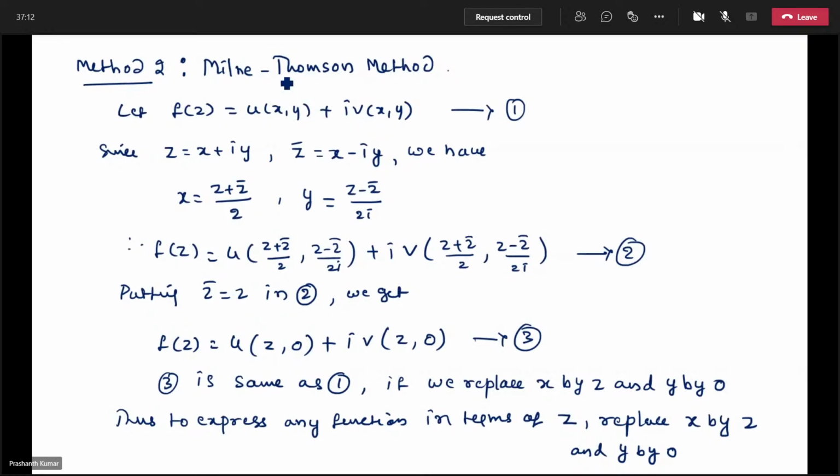By Milne's method, without finding v, that is over. Up to this one is what we wanted to discuss in the Milne's function method. Now we are using the real part u. By Milne's function method, we are finding the v.